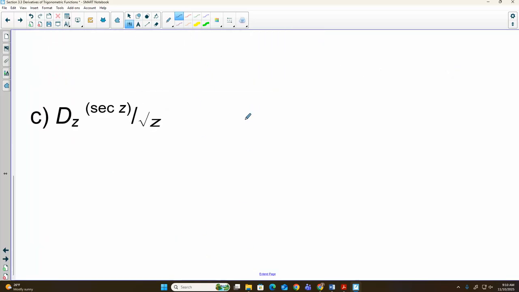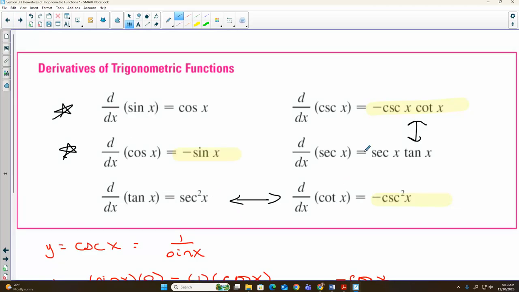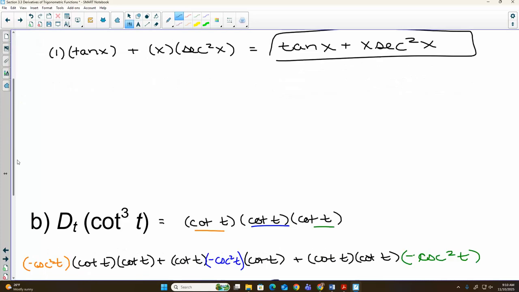So I have secant of z over the square root of z, or z to the 1/2. So we have to do our quotient rule here. So remember quotient, low, d high. Looking back, derivative of secant is secant tangent.